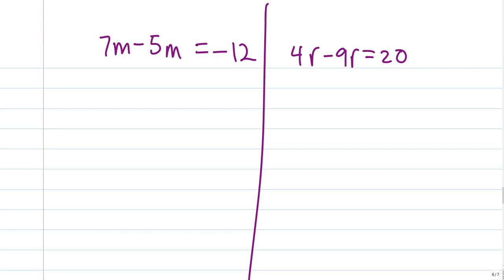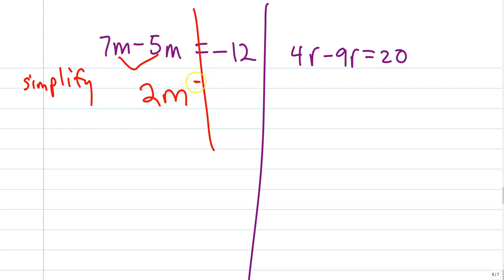So this is very similar to what we had before. I have two variables that are on the same side, 7m minus 5m, so we can simplify by combining like terms. Notice I don't need to add 5 this time. They are on the same side. So I can combine 7 minus 5 is 2m equals.